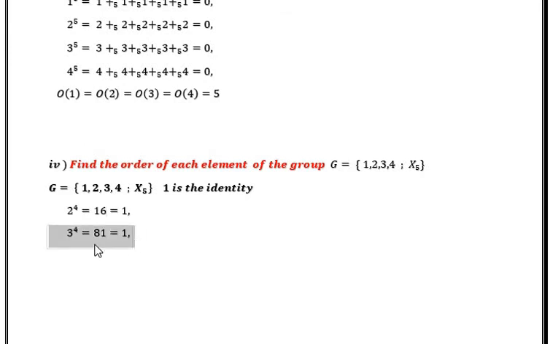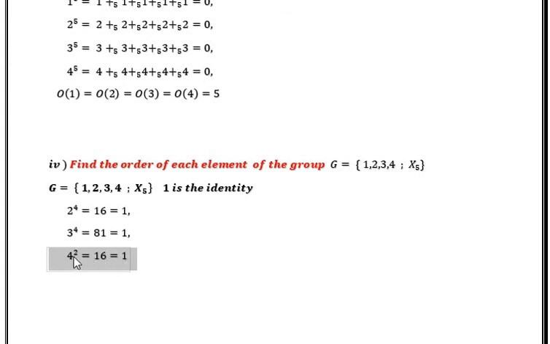Next, 3 to the power of 4 is equal to 81, means we are multiplying 3 into 3 into 3, 4 times, which is 81. 81 when you divide it by 5, the remainder is 1. So 3 to the power of 4 is equal to 1. Then next element 4. 4 square is equal to 16. 16 when you divide by 5, the remainder is 1.